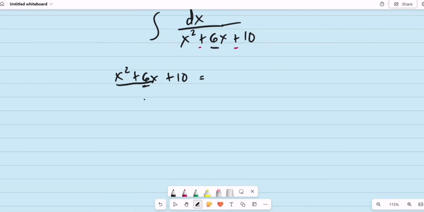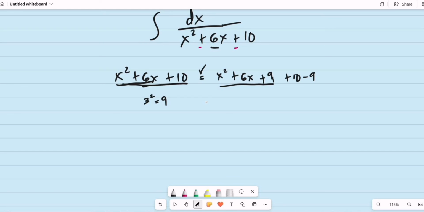Half of 6 is 3. If we square that, that is simply equal to 9. So that is the same as x squared plus 6x plus 9, for us to have a perfect square. But we have plus 10. If we add 9, we just subtract 9 from the constant, so it's the same as adding 0, and our original expression is still similar.